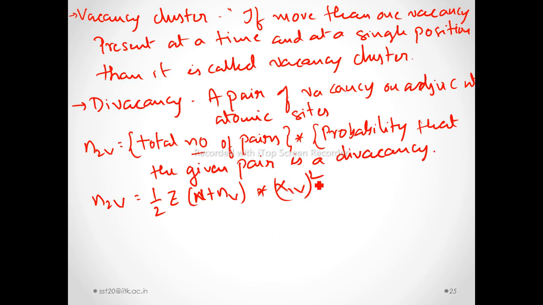We have written the square, since it should be at the adjacent site, and that's why we are multiplying. Then this is taken to the LHS side. Then we can have x2v equal to 1 by 2 into z, the total number of pairs, into x1v whole square.